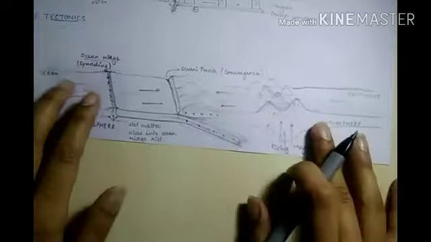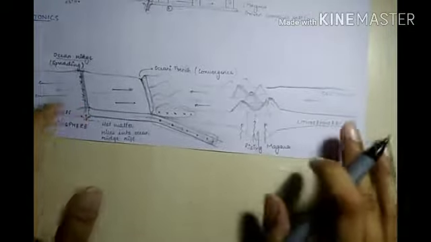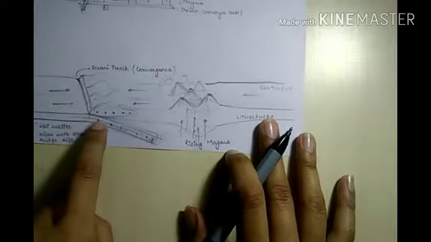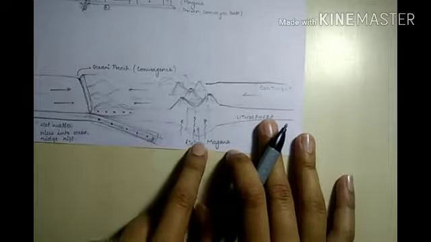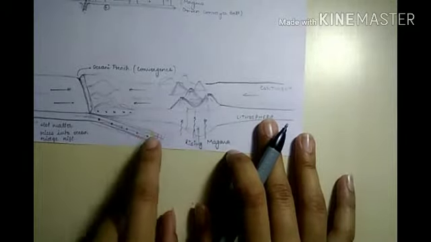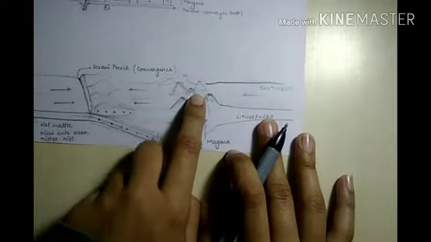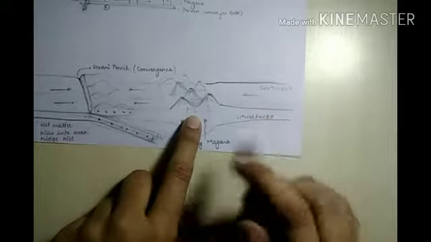So this is oceanic ridge, or we can say fissure volcano. Now, as I've told you, this plate which is subducted will lead to rise of magma because of melting of this plate, and this will form active volcanoes here. Here we will have volcanic mountains.